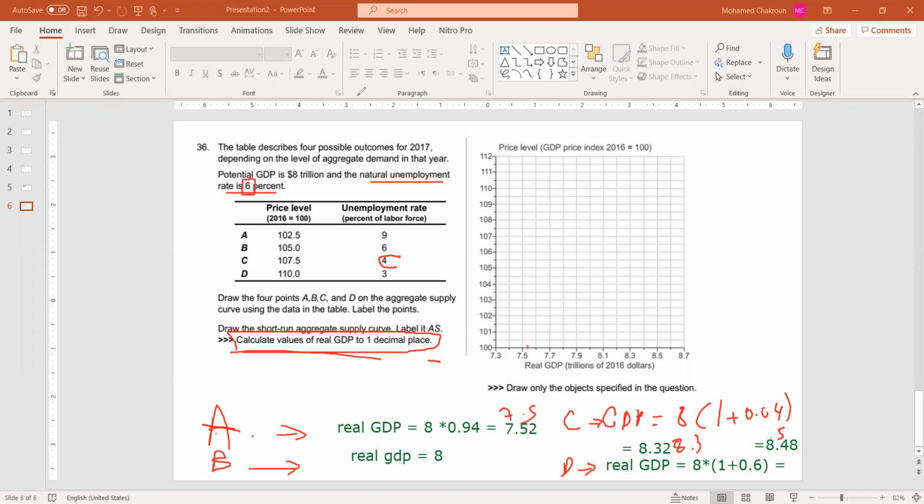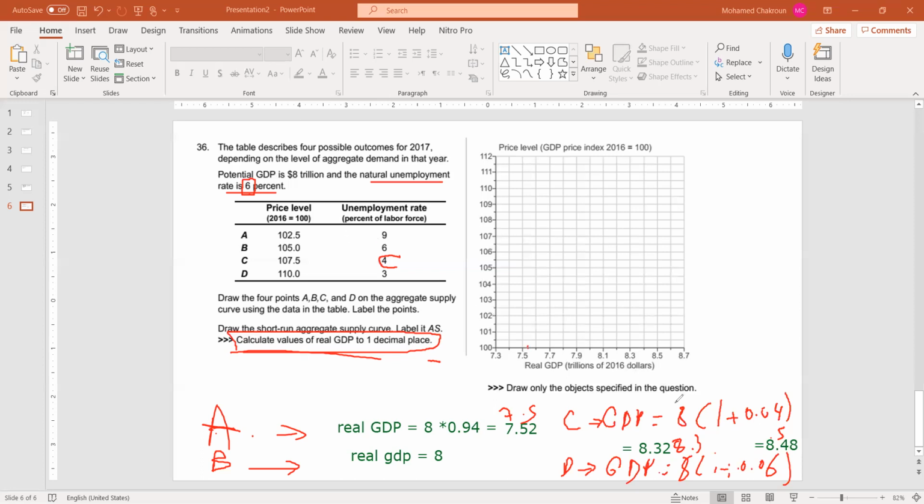And here it's the same: it's not 0.6, but it's 0.06, 6%. So at point D, GDP is equal to 8 times 1 plus 0.06.